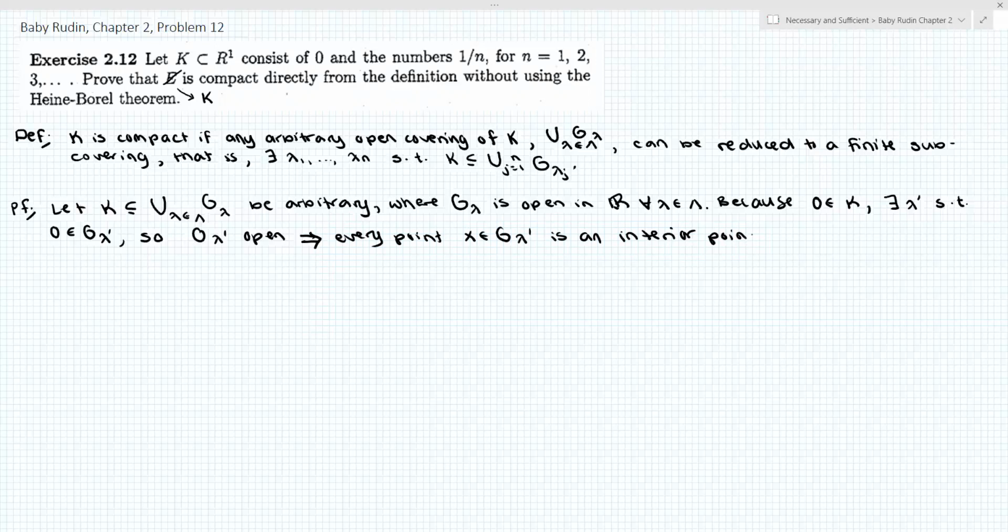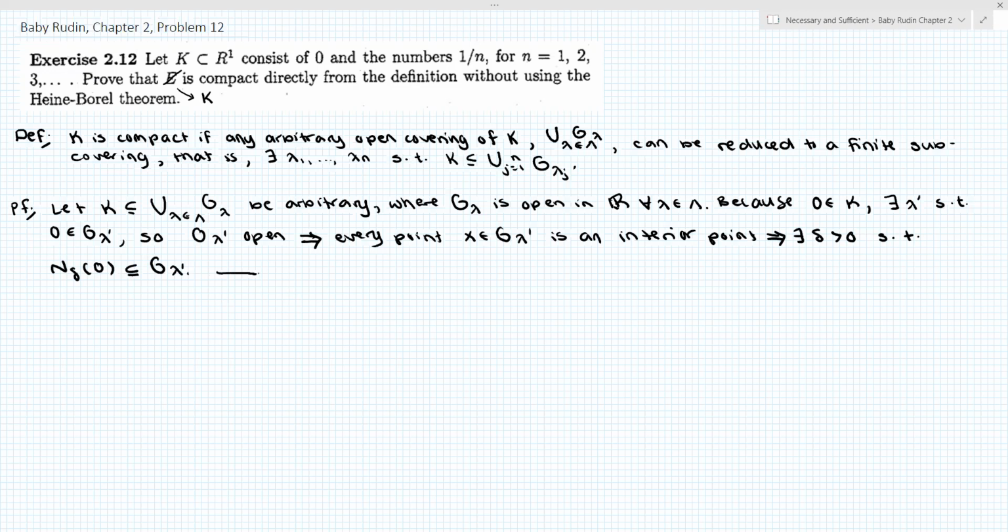What this means is I can find some small positive delta such that if I draw a delta neighborhood around x, that's still entirely contained in O lambda prime. So 0 is an element of O lambda prime implies there exists some delta greater than 0 such that the delta neighborhood around x, or 0 in this case, is a subset of O lambda prime.